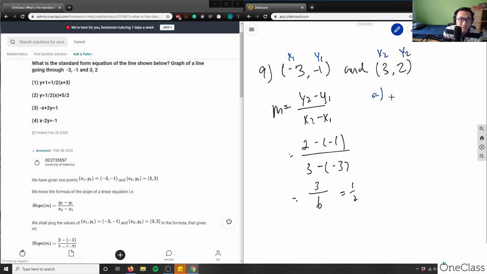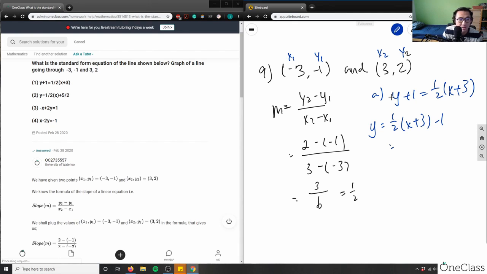So A says y plus 1 equals half of x plus 3. If I want to isolate to y-intercept form, I have to isolate for y, right? So I would subtract 1 from both sides, and then use the distributive property.